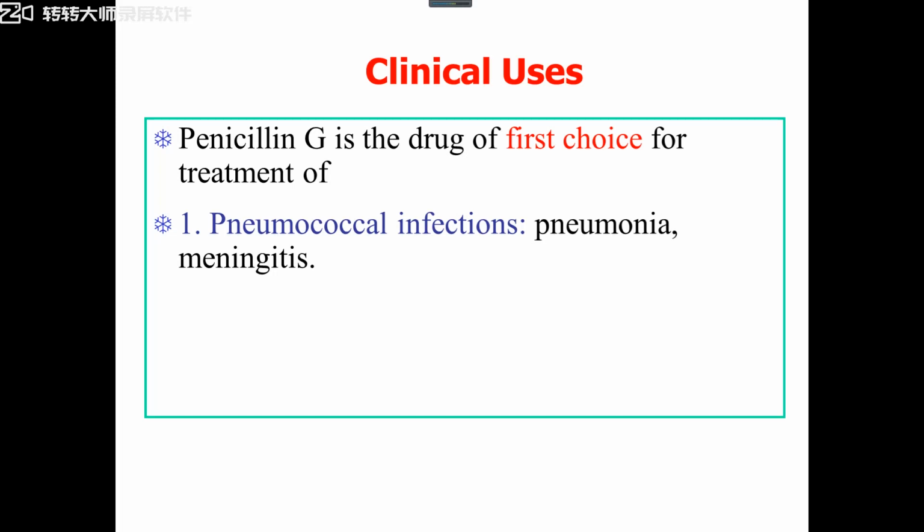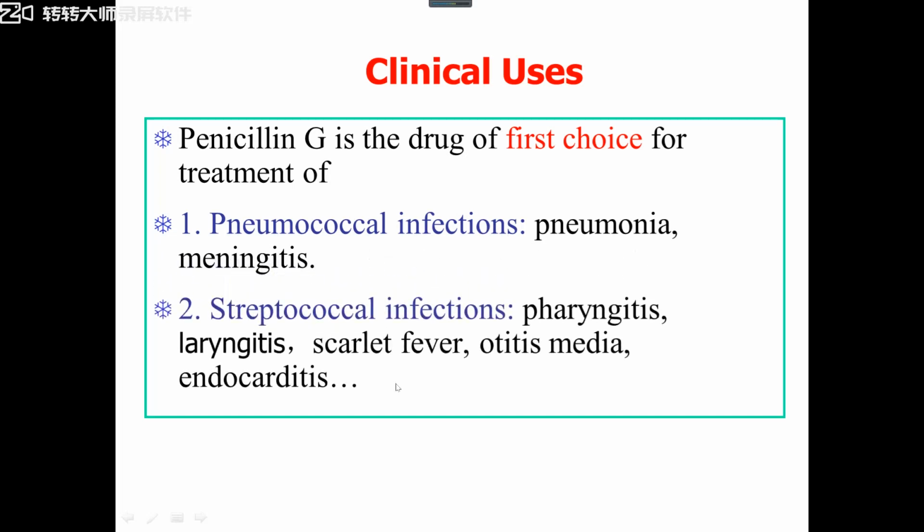The first one includes pneumococcal infections, such as pneumococcal pneumonia, pneumococcal meningitis, pneumococcal laryngitis, pneumococcal rhinitis, and so on. So the first clinical use of penicillin G is pneumococcal infections, as the first choice.